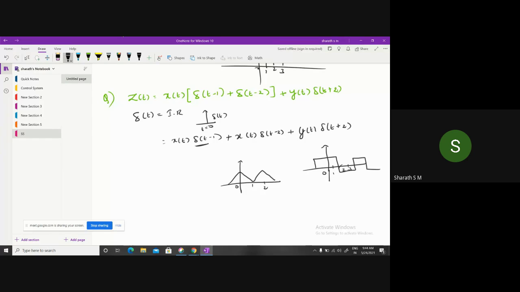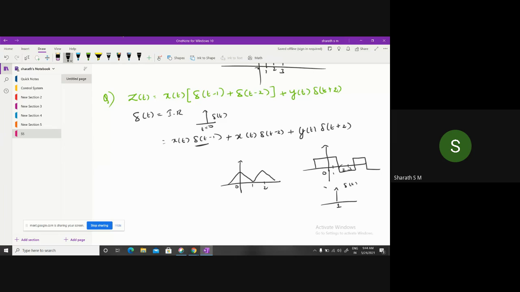So delta of t means we have an impulse response at t is equal to 0. T minus 1 means we have an impulse response at t is equal to plus 1. So delta of t minus 1 means we have an impulse response at t is equal to 1.